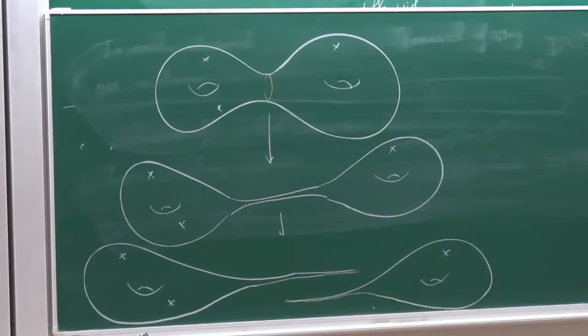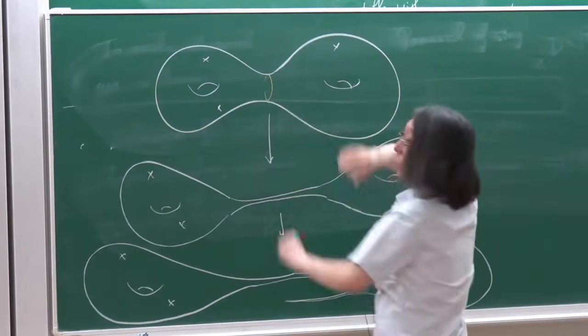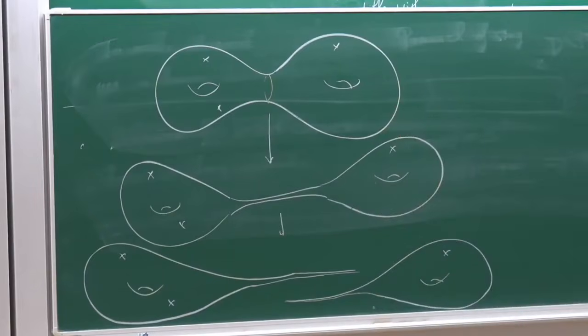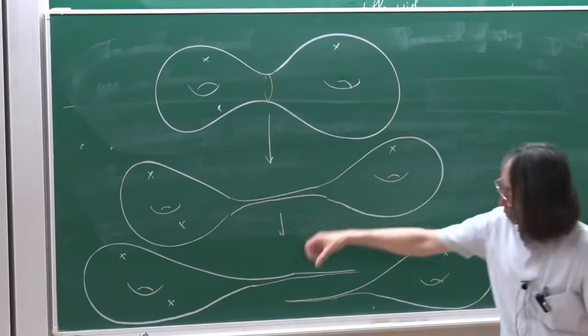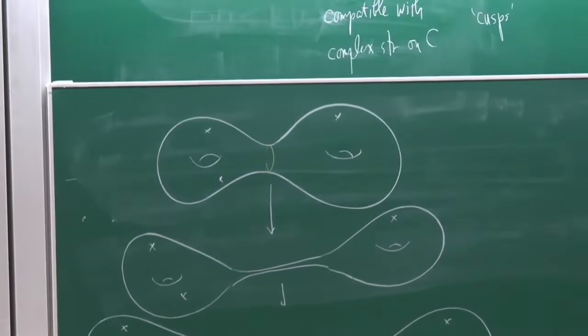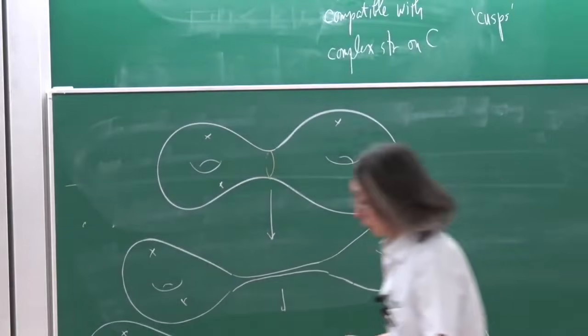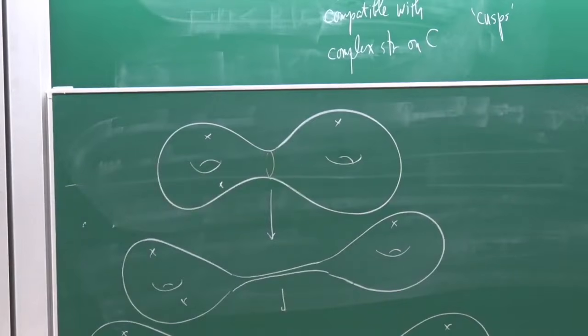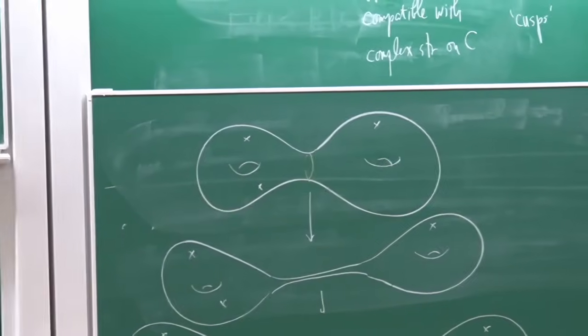In such a case, the metric converges on the same surface. Otherwise, it must develop this sort of phenomenon. Okay, so this is the statement found in two-dimensional hyperbolic geometry.